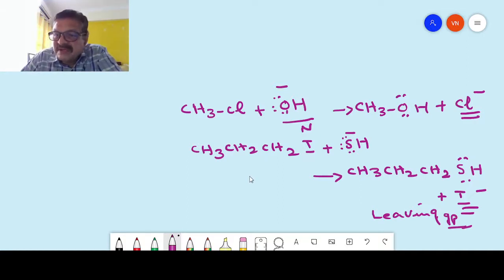Here the negatively charged nucleophiles, like OH minus, SH minus, etc., can be used as a salt, with lithium, sodium, potassium, and so on. Now, here we are talking about the negatively charged ones. So consider a neutral nucleophile.